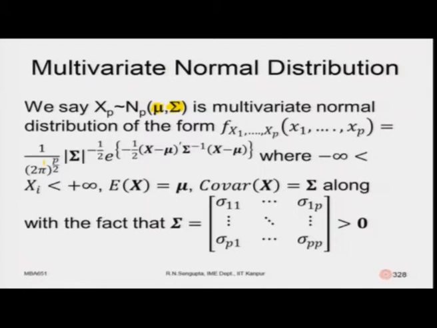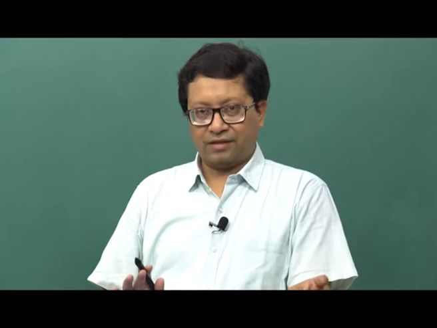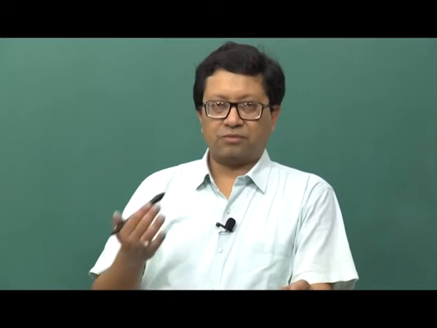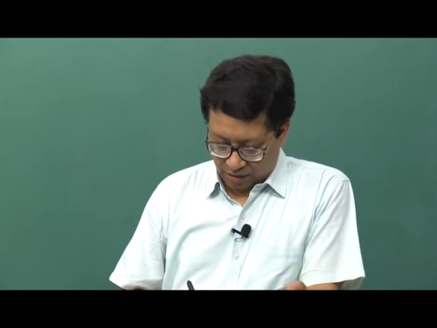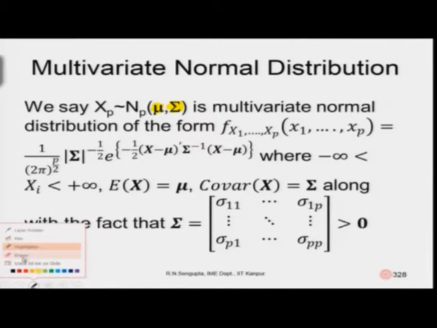If you remember, the formula looks ominous, threatening, but it is not, because if you do a one-to-one comparison with the univariate case, the information comes out very easily. So, in the univariate case, what did you have? You had 1 by square root of 2 pi. So, obviously, here this 2 corresponds to the square root. Now, why p?